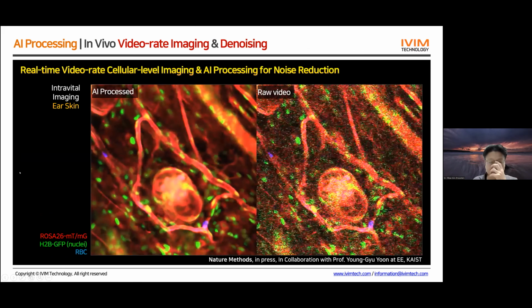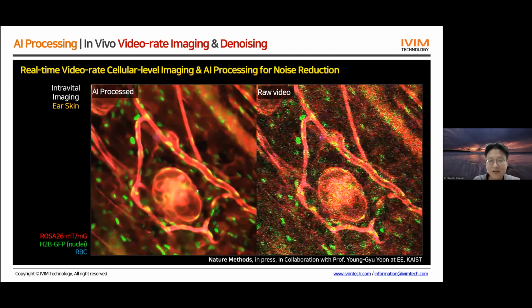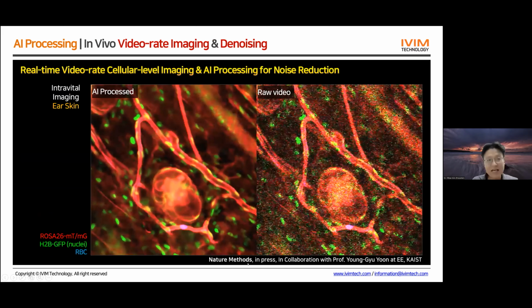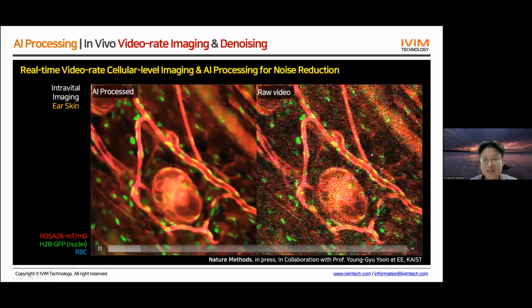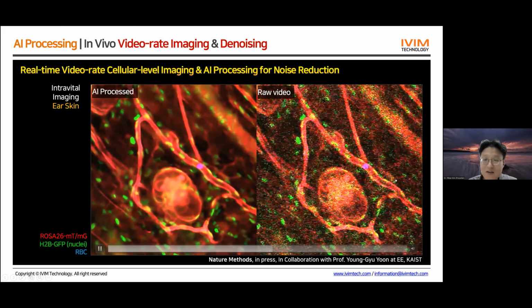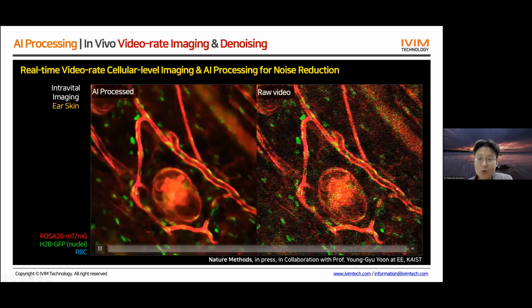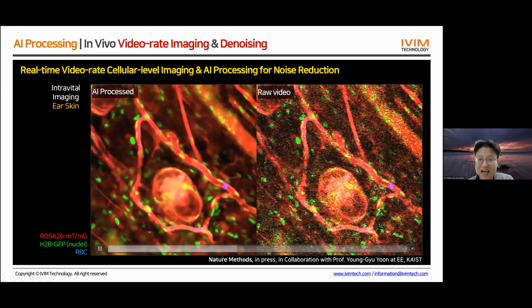And then our very recent work, in press in Nature Methods, is an AI processing model for denoising of this real-time video. On the right-hand side is the raw video in real time.